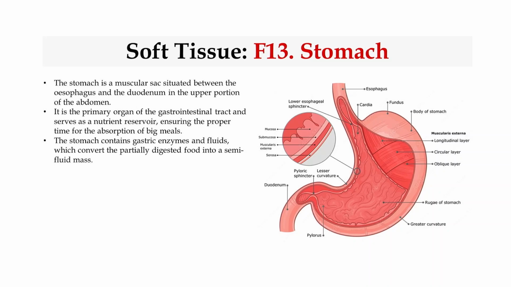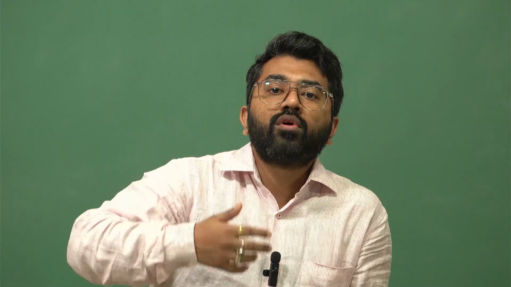The stomach contains gastric enzymes and fluids which convert the partially digested food into a semi-fluid mass, right? And this is carried forward through certain stages of operations for nutrient absorption through the intestines, which we're going to discuss in a moment, right?